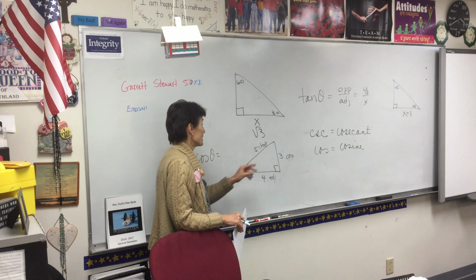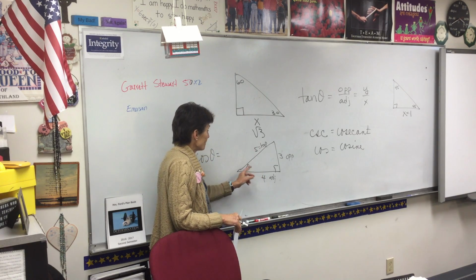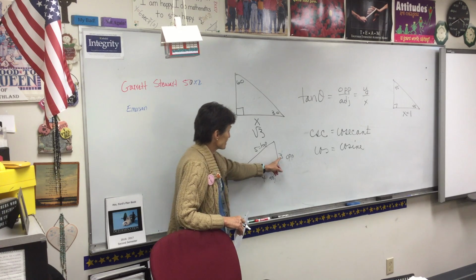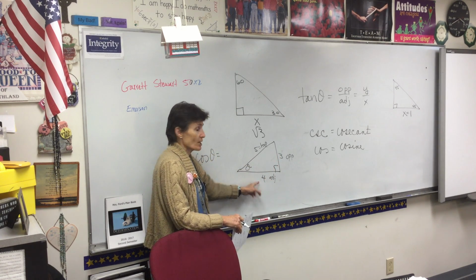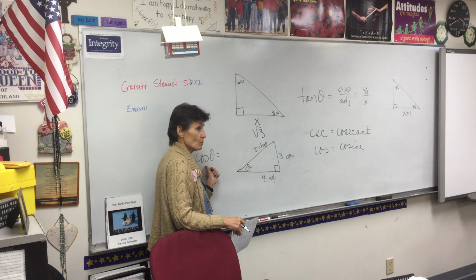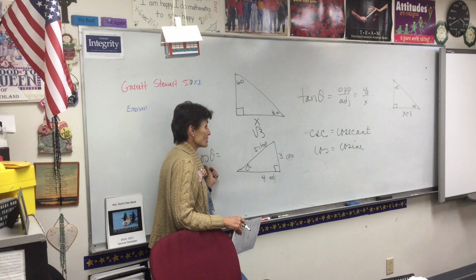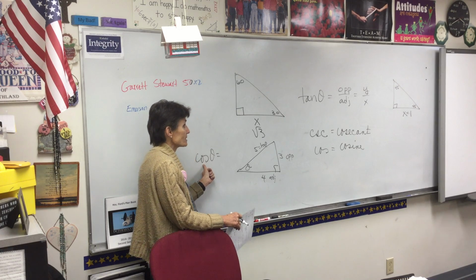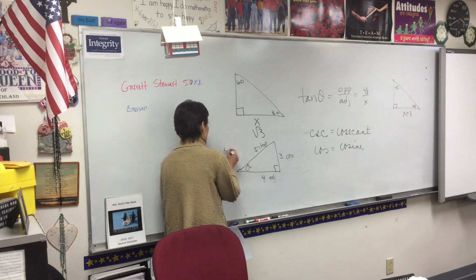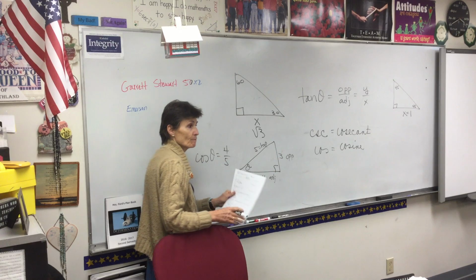Hypotenuse never changes. It is what it is across from the 90. But theta is here, so this would be the opposite, and this would be the adjacent. So we have to figure out what the cosine is. Well, we remember the cosine is adjacent over hypotenuse. So the answer to that problem is 4/5.